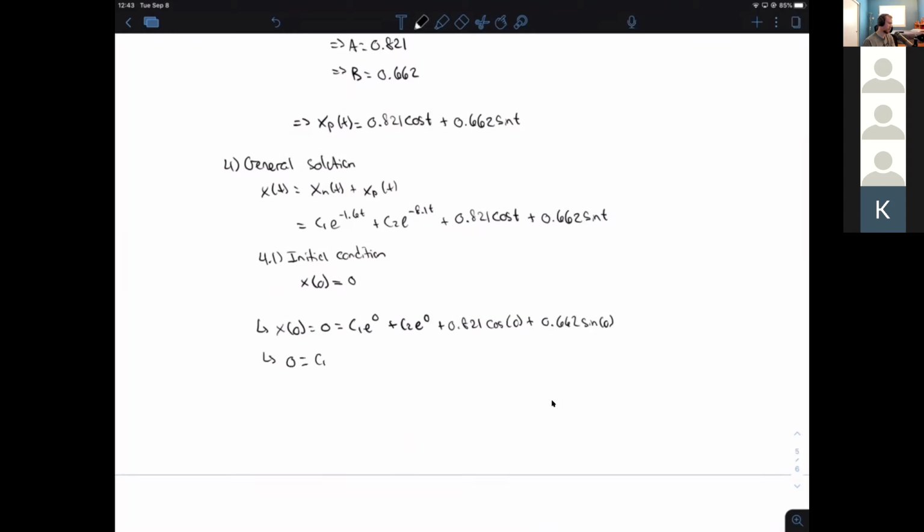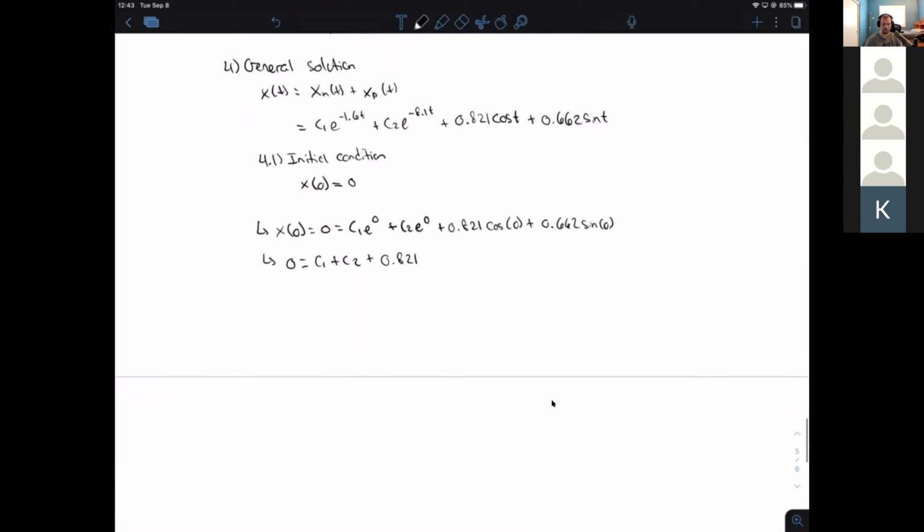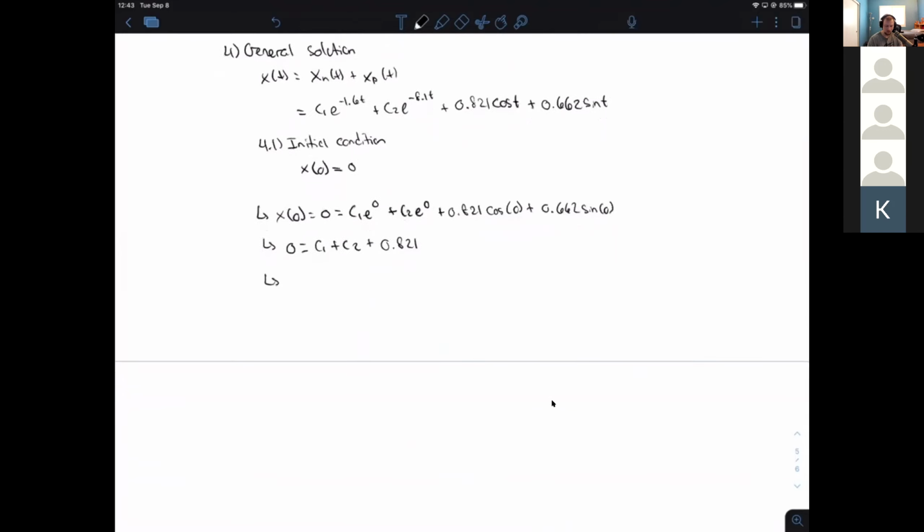So remember, e to the 0, that's just 1. So we have 0 equals C1 plus C2, and then plus 0.821, because cosine of 0 is 1, and then sine of 0 is 0. Okay, so let's rewrite this now to C1 plus C2 equals minus 0.821. And then I'm going to call that equation 1.